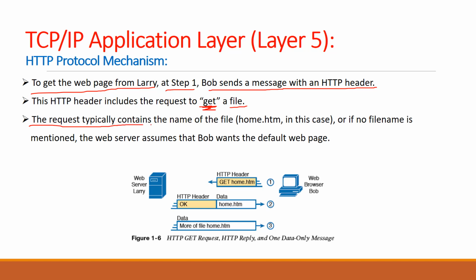The request typically contains the name of the file that is requested by the web browser. It's either home.htm, in this case requesting the home page, or if no file name is mentioned, the web server assumes that Bob wants the default web page.